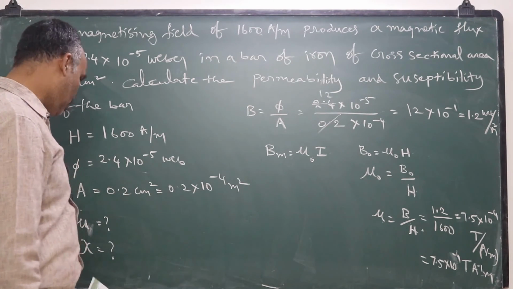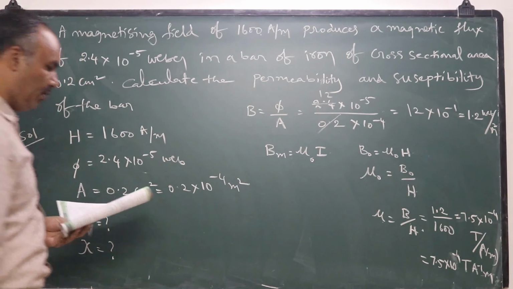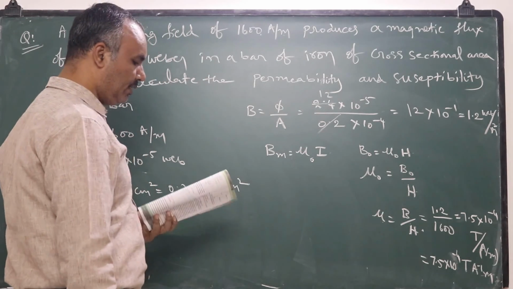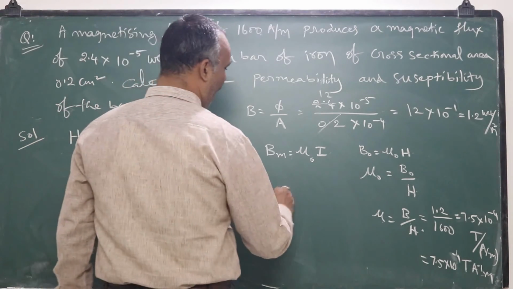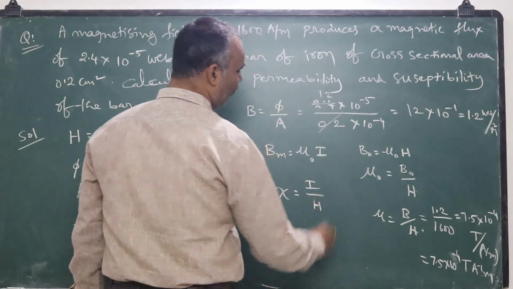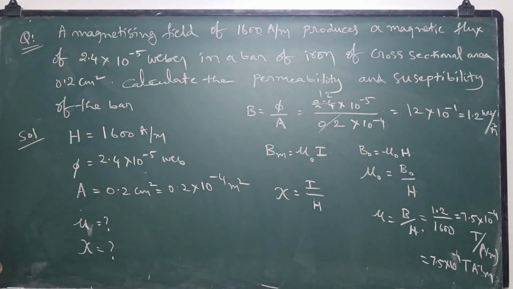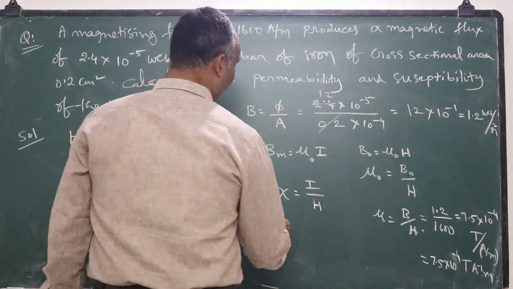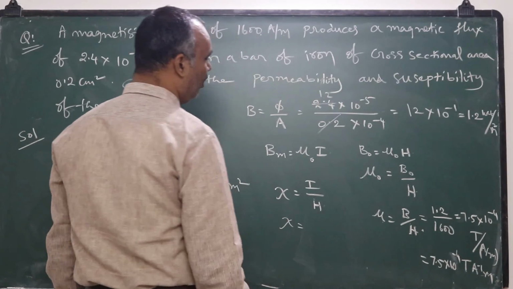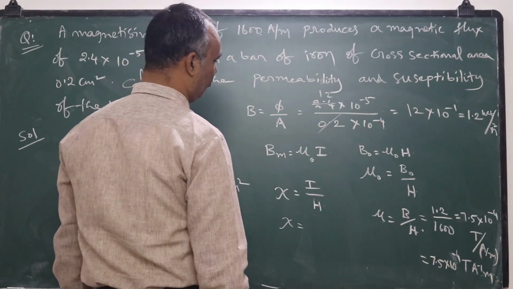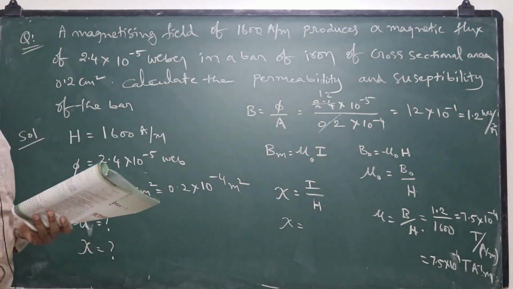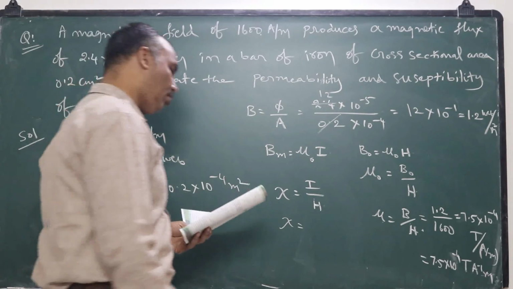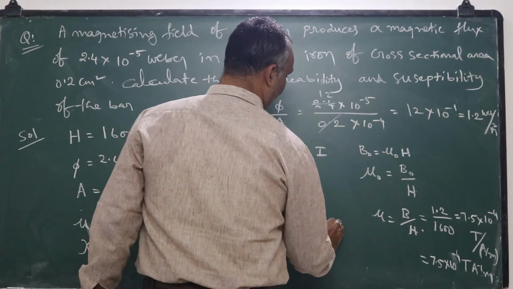Now, one more question they asked is susceptibility. Susceptibility is given by I by H. This is the general formula. Specific formula, if you see, is relative permeability minus 1.